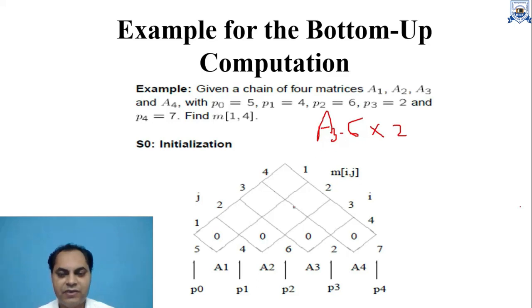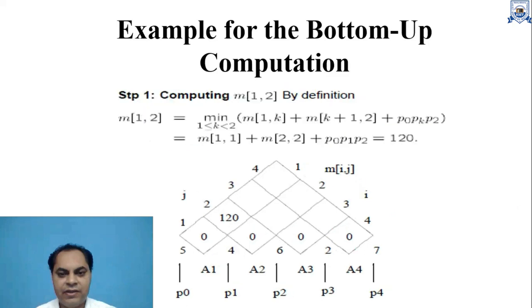So first of all, we find the solutions for a single matrix: m11 is 0, m22 is 0, m33 is 0, m44 is 0. After that, we have to find m12, size 2 matrix, the number of scalar multiplications required. For this, the value of k varies from 1 to 1.